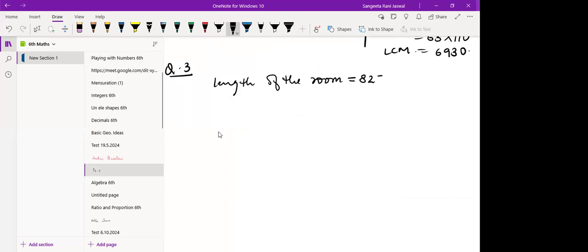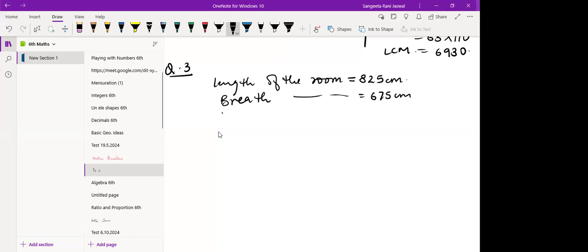Yes, ma'am. Good. So the length of the room is 825 centimeters, right? And as per the question, the breadth of the room is also given, which we can write here. I'm not writing the complete statement, but you should.